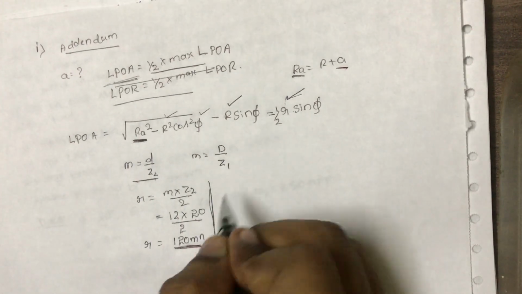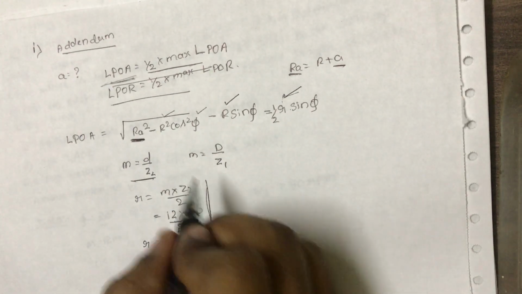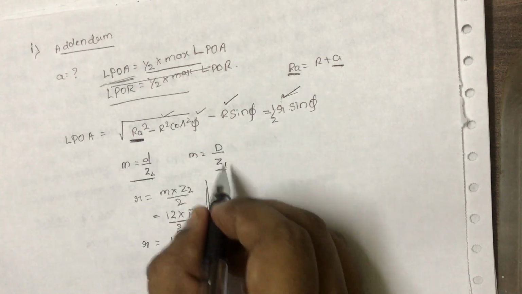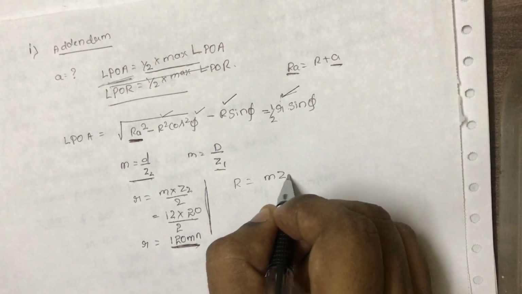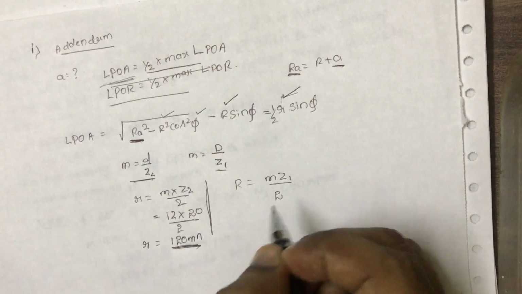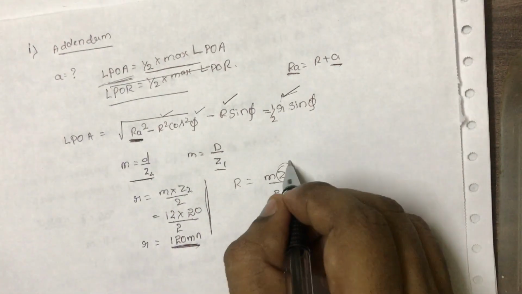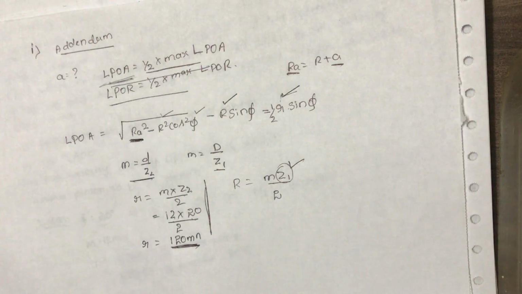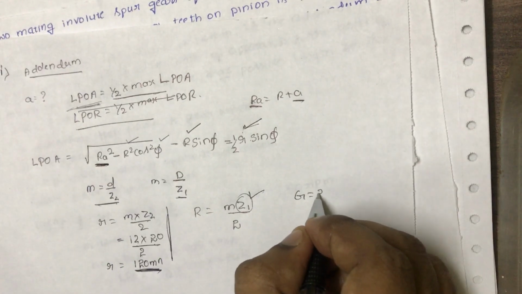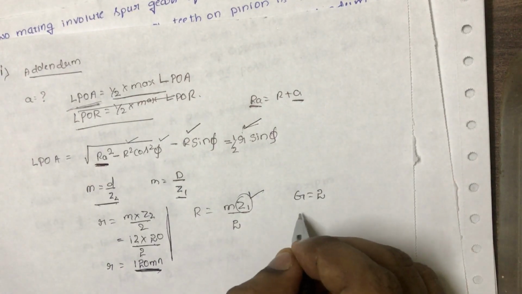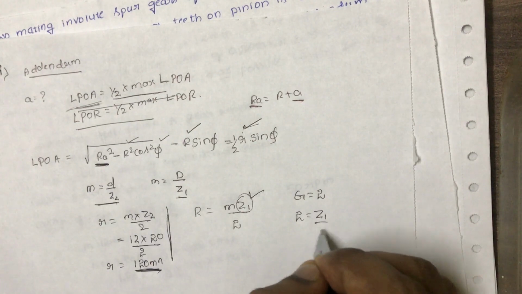So likewise we can find out the value for capital R, which is equal to m into Z1 divided by 2, but I don't know the value of Z1 to find out capital R. So what to do? He has given gear ratio is equal to 2, correct? That means 2 is equal to Z1 by Z2.